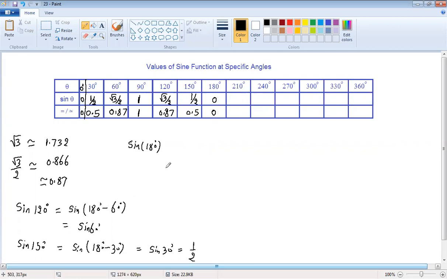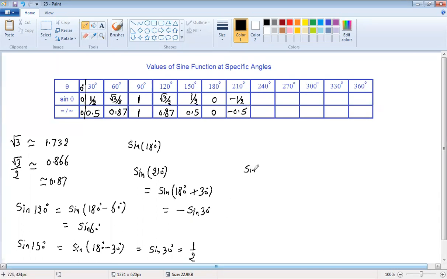Now for sine of 210 degree, it is equal to sine of 180 degree plus 30 degree. Now we use sine of 180 plus theta, and it is minus sine theta. So minus sine 30. So sine 30 is equal to half. So it is minus half. That is minus 0.5.